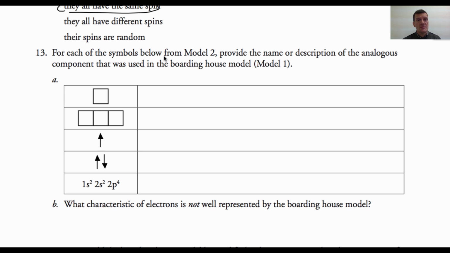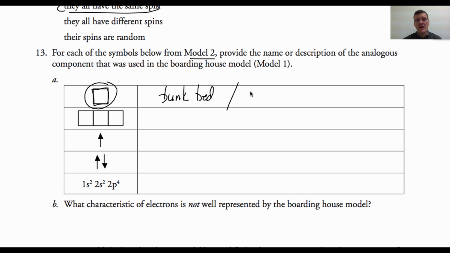13. For each of the symbols below from Model 2, provide the name or description of the analogous component that was used in the boarding house model. So all this is saying is that this right here represented the, oh yeah, this is our orbital, but in the boarding house, this was your bunk bed, right?